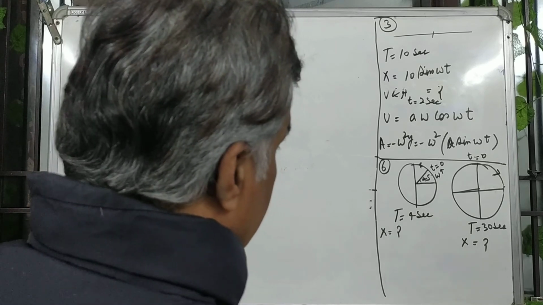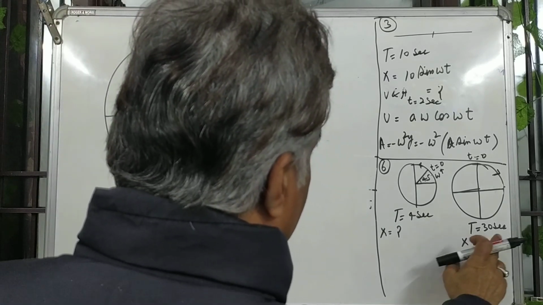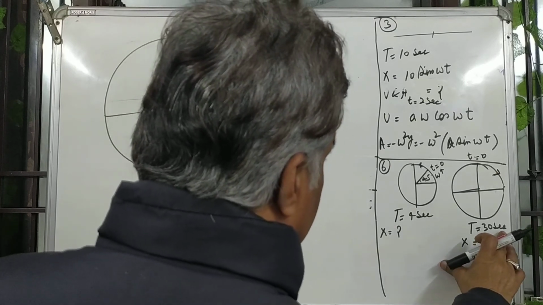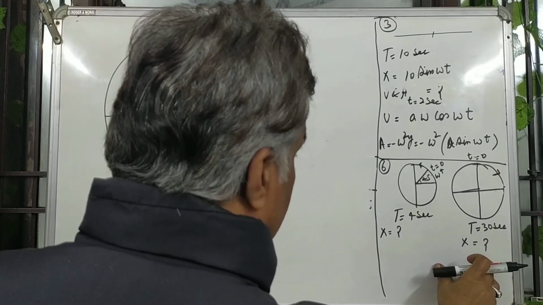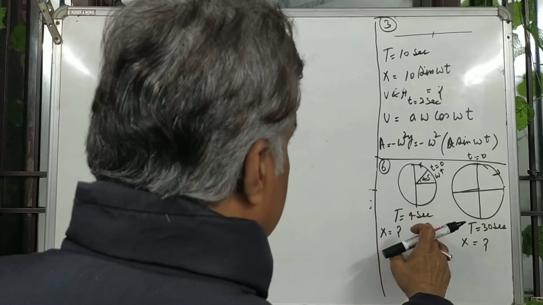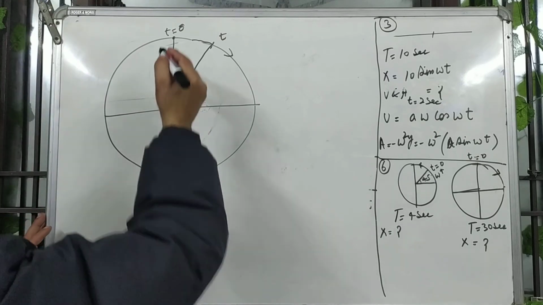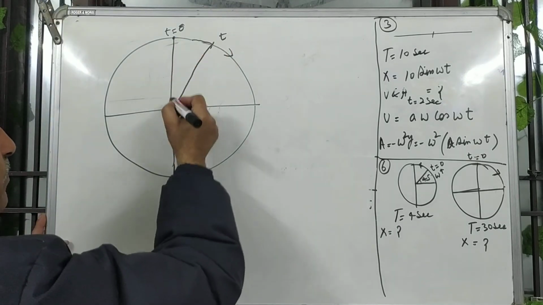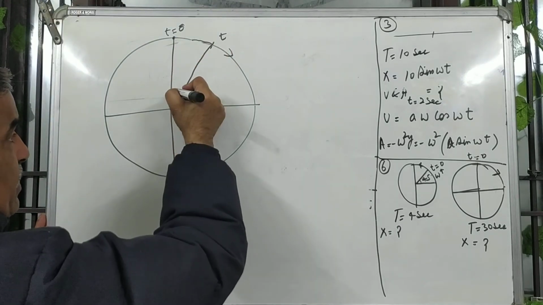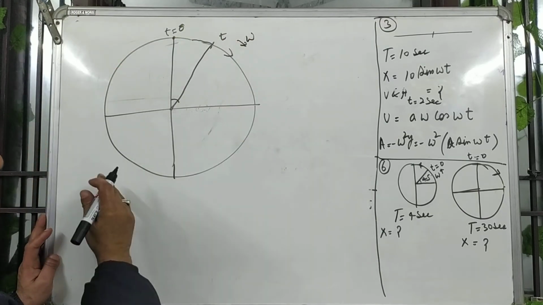Now, the particle is tracing with angular velocity omega along this.